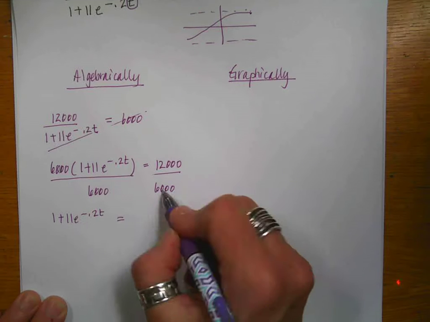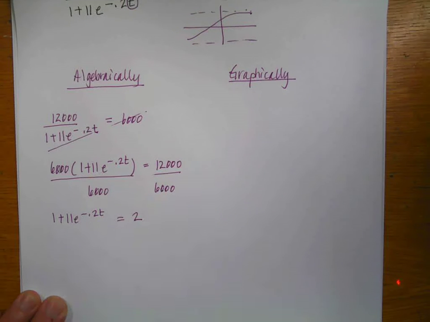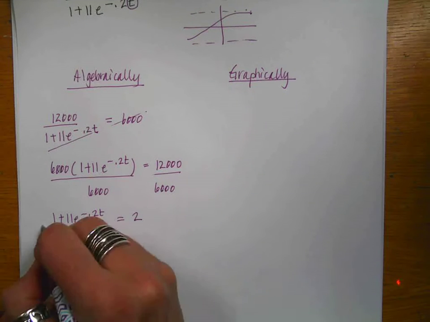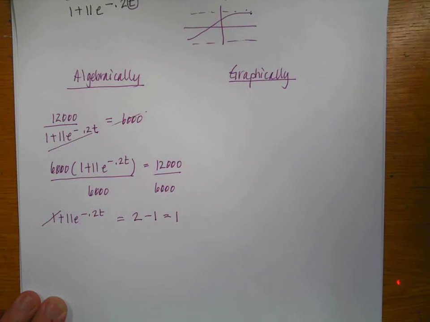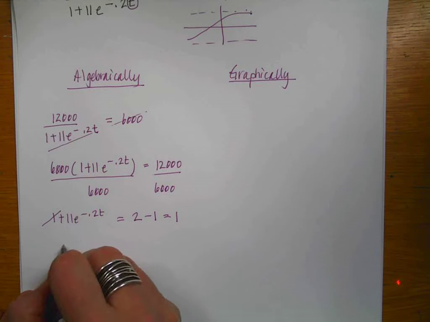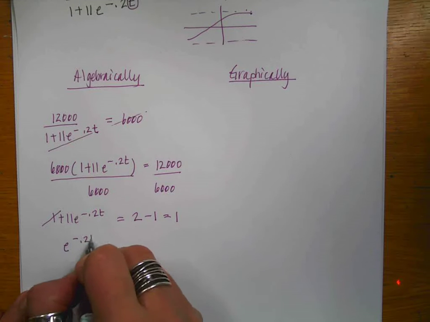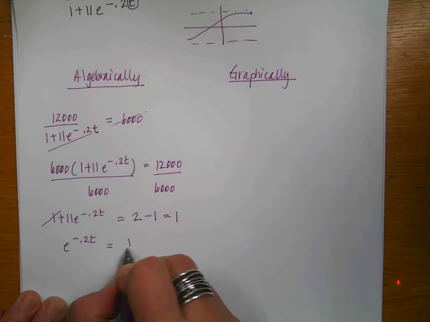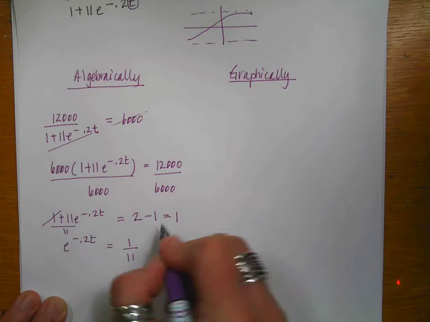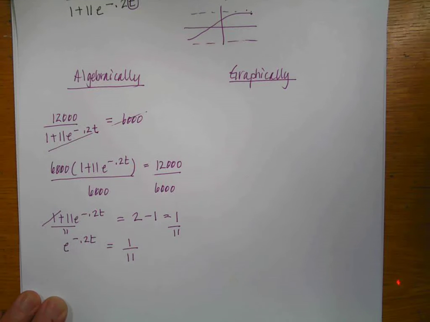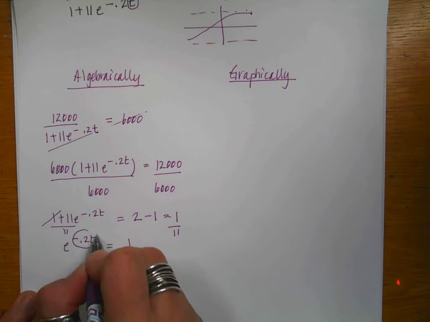So I get 1 plus 11e^(-0.2t) equals 12,000 divided by 6,000, which is 2. The next thing that I'm going to do is subtract 1, so I'm going to write equals 1. Now I'm going to divide by 11. So e^(-0.2t) is equal to 1 divided by 11, and I divided both sides by that 11.